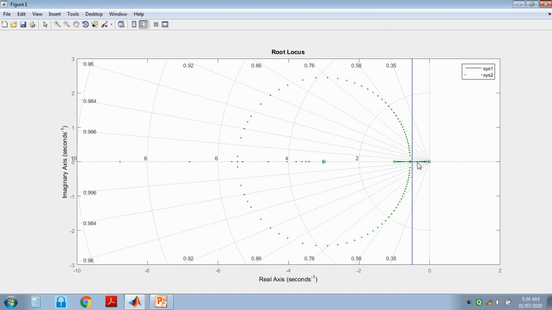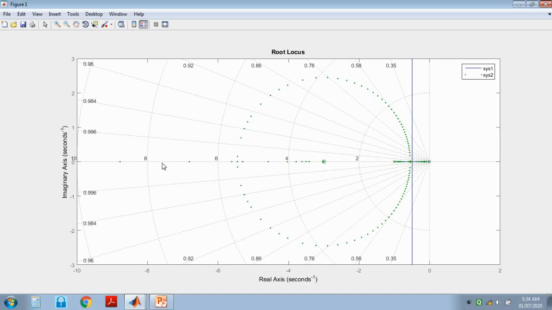The blue color indicates the root locus of system 1, and the green dotted circles and the straight line on the negative real axis show that the root locus of the second system is pulled towards the left hand side.